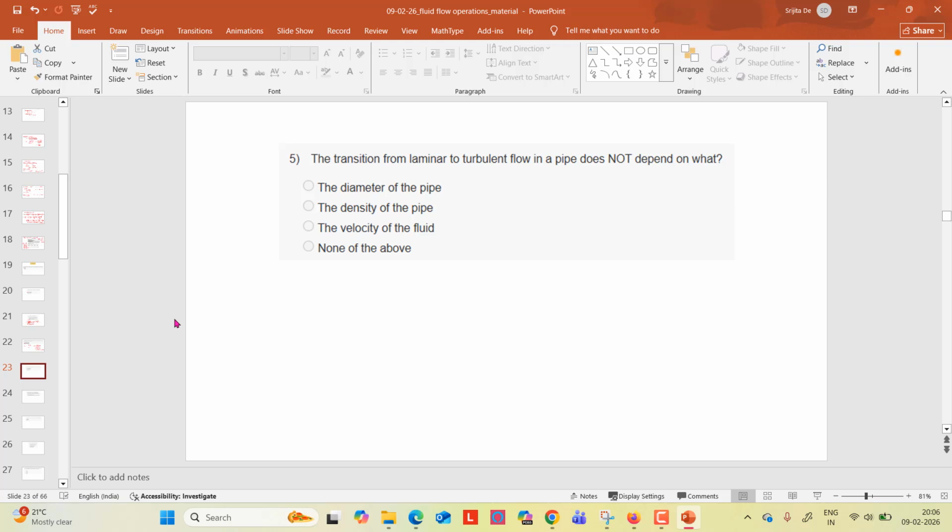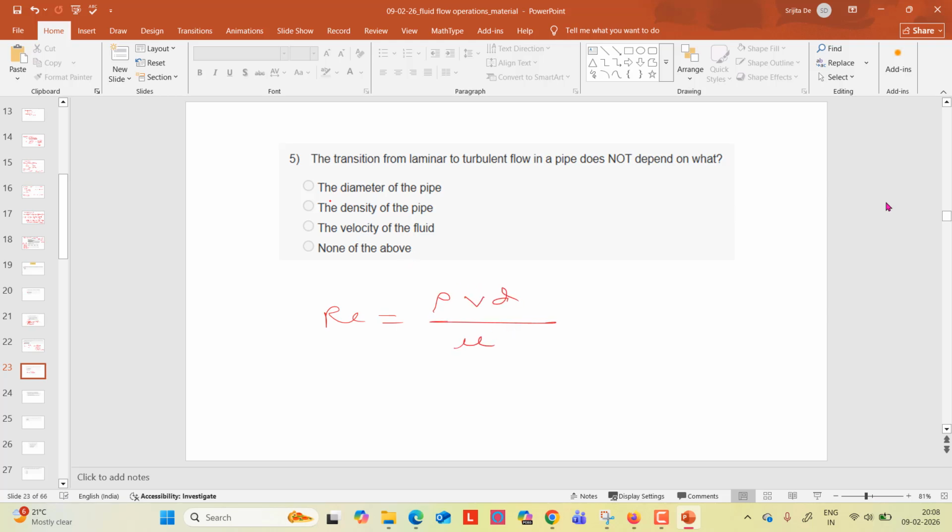The transition from laminar to turbulent flow in a pipe does not depend on what? So the fifth question is, the transition from laminar to turbulent flow in a pipe does not depend on what? So this transition from laminar to turbulent flow is always dependent on the Reynolds number, right? So Re equals rho V d by mu.